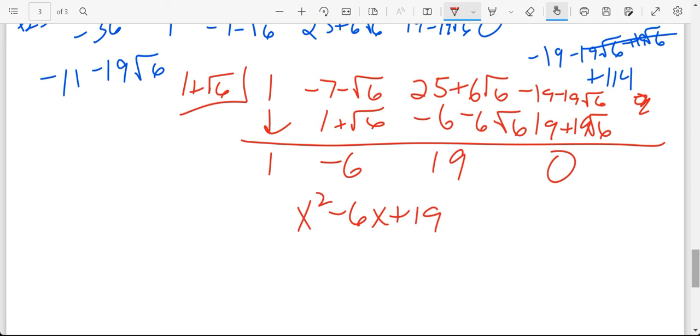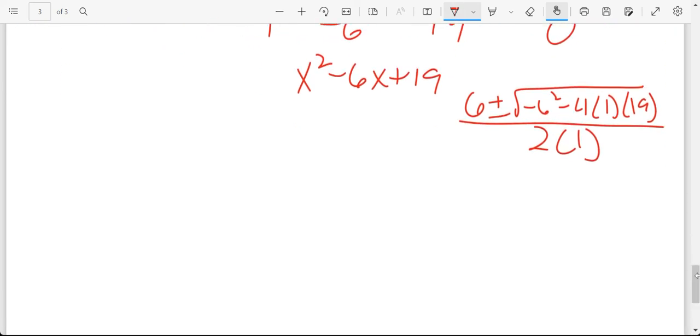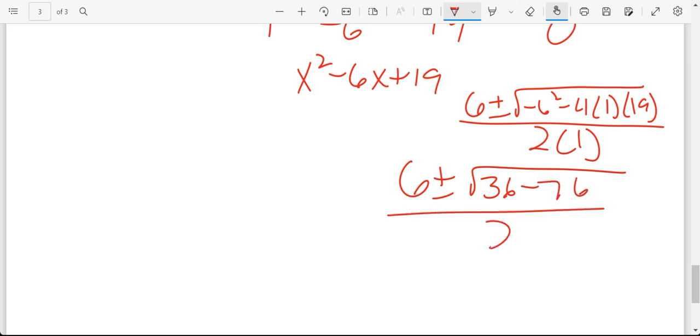We're going to have to use the quadratic formula. So it's going to be 6 plus or minus the square root of negative 6 squared minus 4 times 1 times 19, over 2 times 1. 6 plus or minus, 36 minus 4 times 19 will get us negative 40. 6 plus or minus root negative 40 over 2.